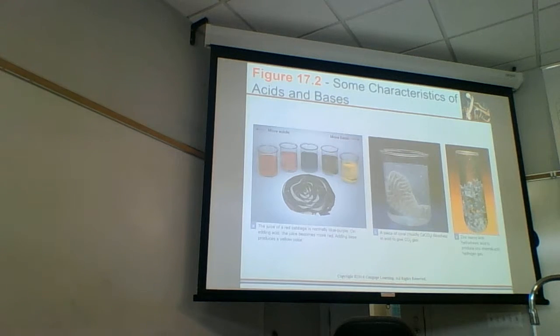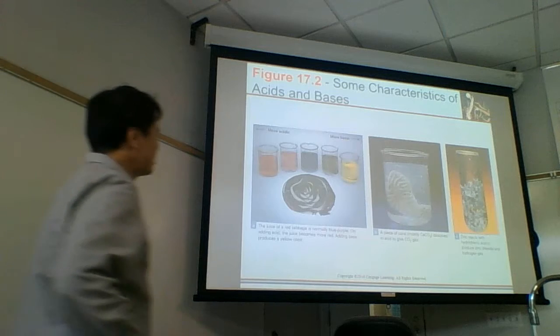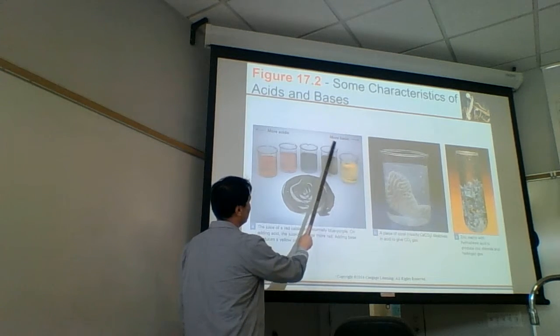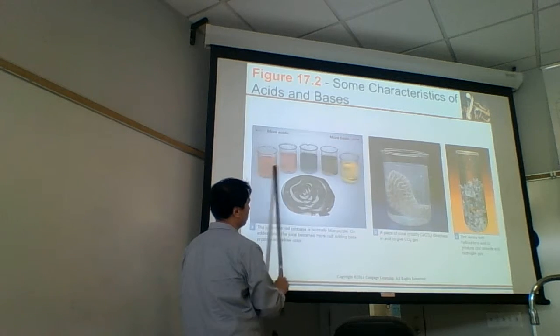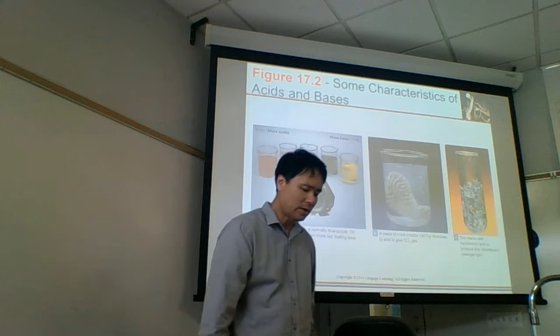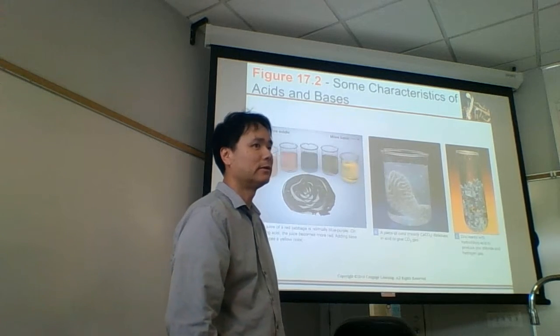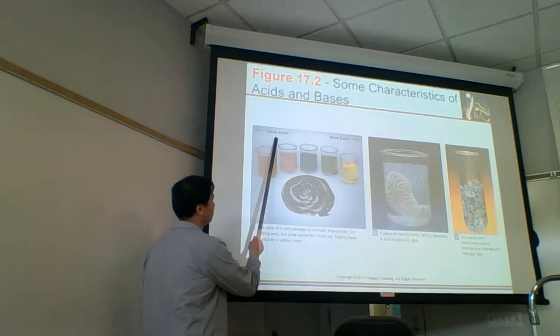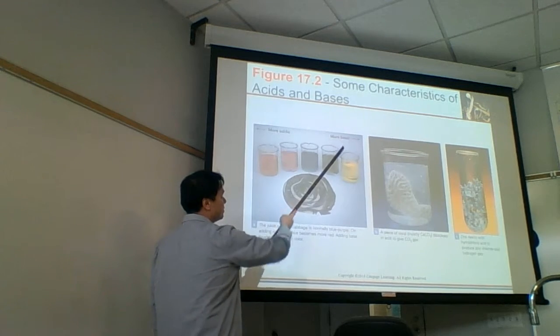Now, this chapter is going to look at two things. It's going to look at the acidity and basicity of a solution. The acidity and basicity of a solution depends on how much acid and how much base you have in the mixture. If you have lots of acid, then it's going to be quite acidic. If you have lots of base, it's going to be quite basic.